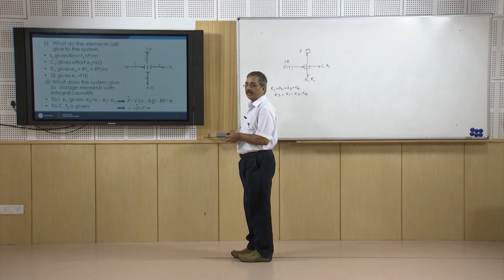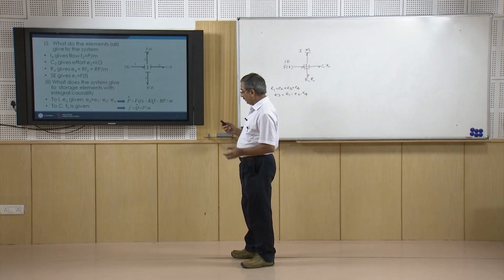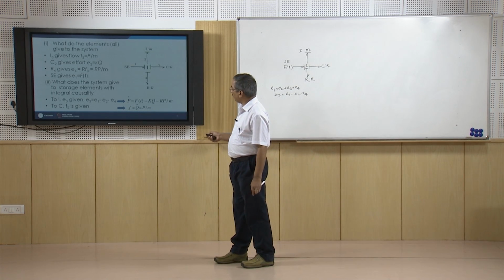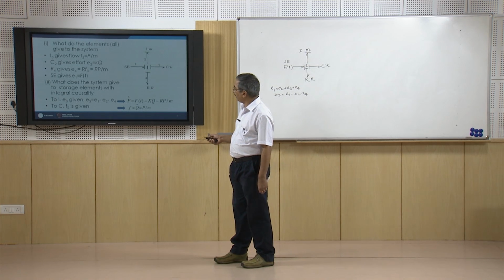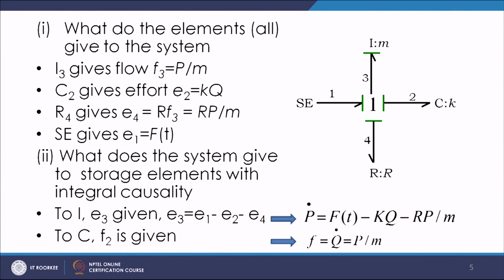Now, this E3 I can write as P dot, that is the derivative of the momentum. E1 I have already seen is Ft here, E2 is Kq, and E4 is R P by m. Alright. So, this is my first equation, fine.